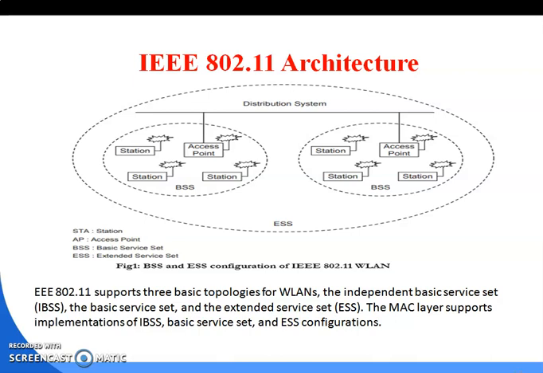IEEE 802.11 supports 3 basic topologies for wireless LAN: the independent basic service set, IBSS, the basic service set, BSS, and the extended service set, ESS. The MAC layer supports implementation of IBSS, BSS, and ESS configurations.